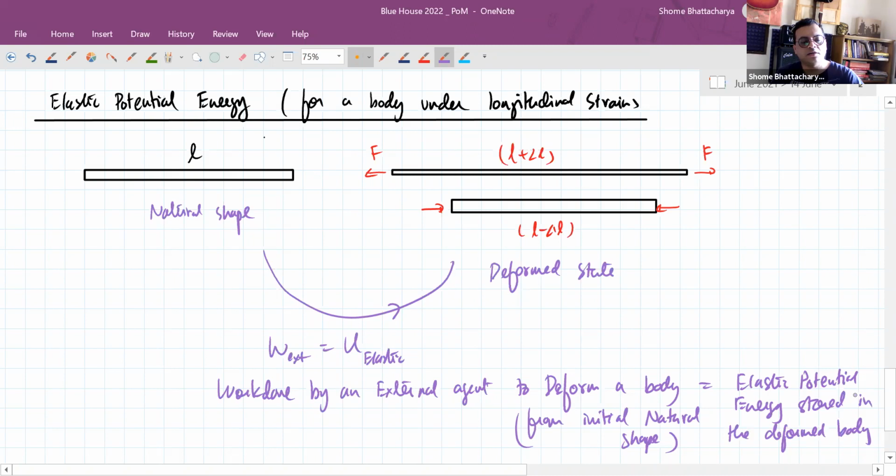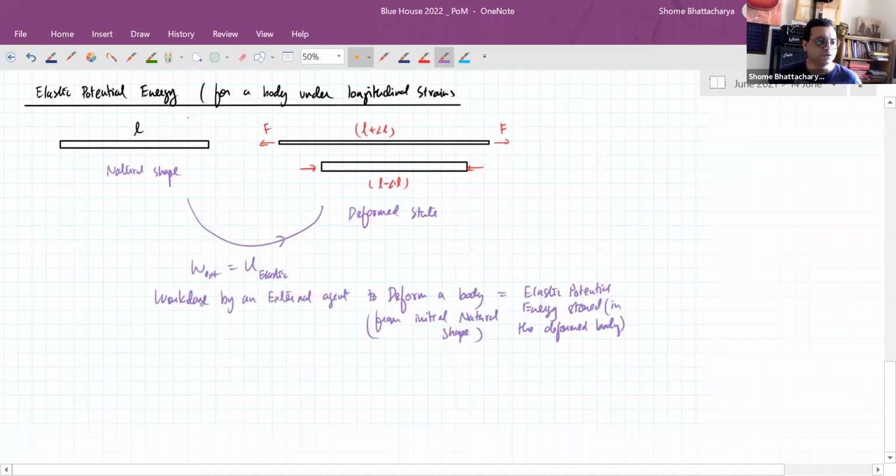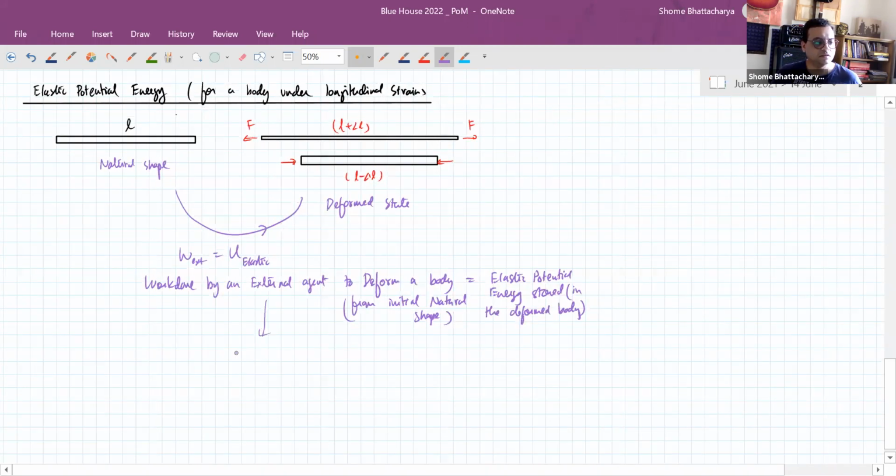Okay. And you can also understand that this work done is basically work done against the internal restorative force.